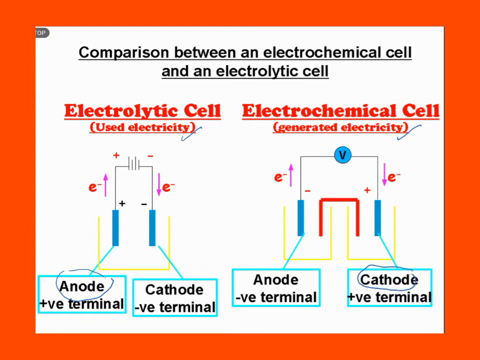Besides, the cathode in the electrolytic cell is the negative terminal, and the negative terminal in the electrochemical cell is the anode. But we can see from both diagrams that the flow of electrons is from anode to cathode.